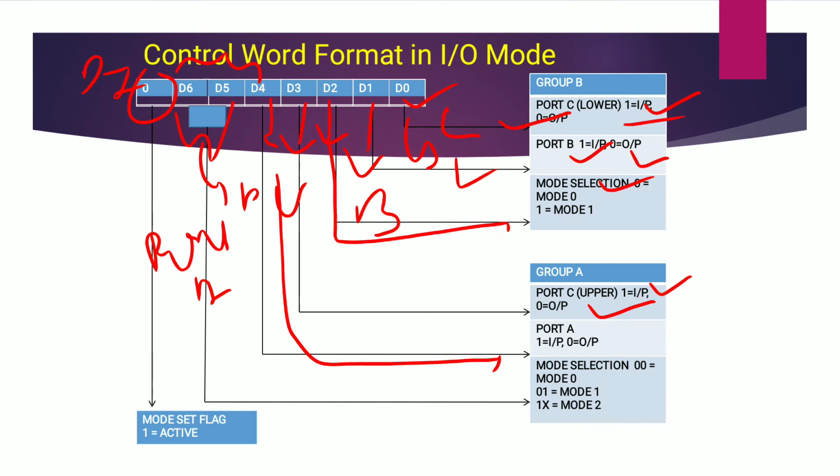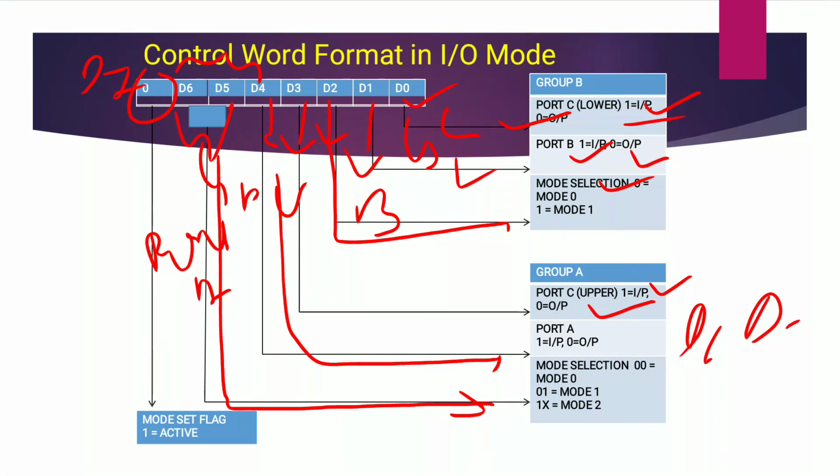Bit D5 and bit D6 are for mode selection for port A. If D6 and D5 are 0 0, then mode 0; 0 1, then mode 1; 1 0 means mode 2. And bit D7 is for the mode set flag.